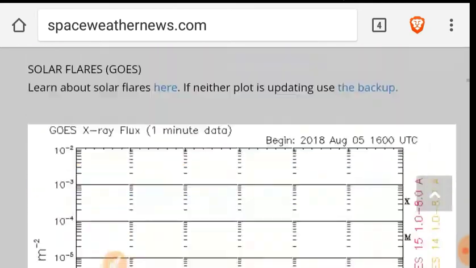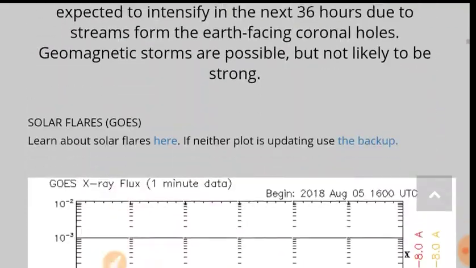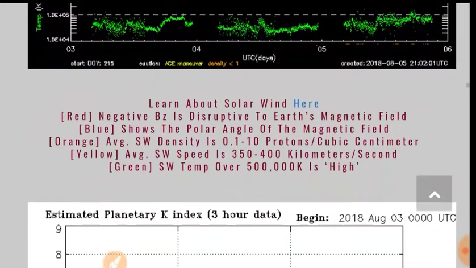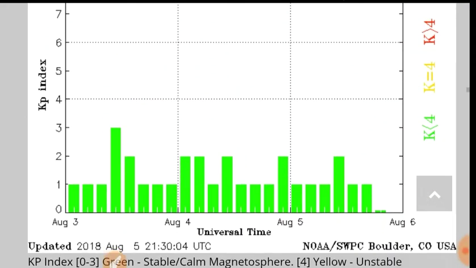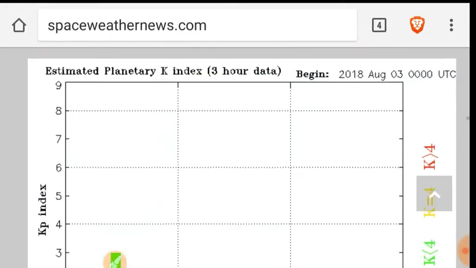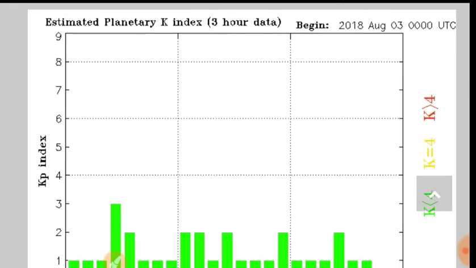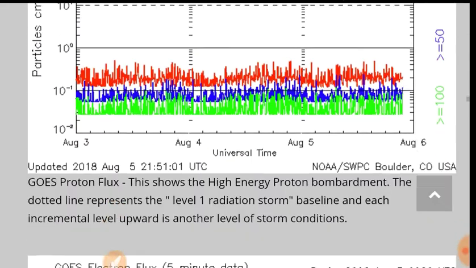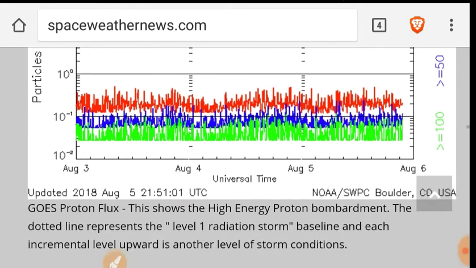I'm sorry, the earlier part was about the proton flux. No, it was all about the X-ray flux. Anyway, so let's continue. The KP index is back down to 0. Okay, solar activity is actually low. So there was no spike in solar activity that caused this series of earthquakes around the entire planet today.